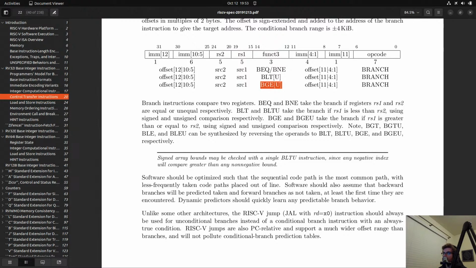Software should be optimized such that the sequential code path is the most common path, with less frequently taken code paths placed out of line. Software should also assume that backward branches will be predicted taken and forward branches as not taken, at least the first time they are encountered. Dynamic predictors should quickly learn any predictable branch behavior.